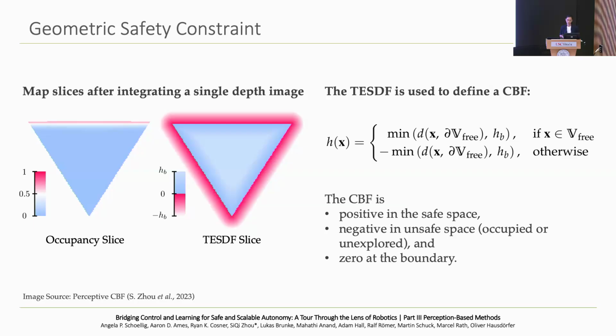If we're at the surface, this value will be 0. If it's in free space, this will be positive. And if this is in either occupied or unobserved space, this will be negative. So we can use this truncated Euclidean signed distance function as a barrier function to enforce collision avoidance constraints.